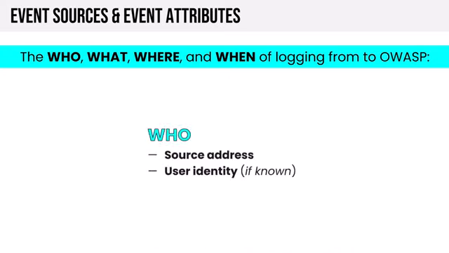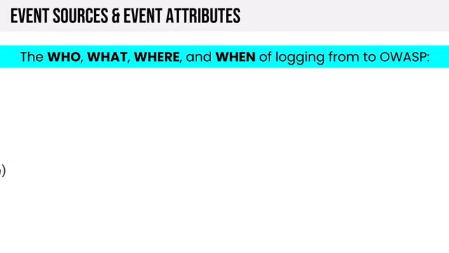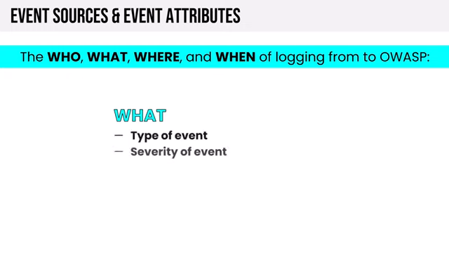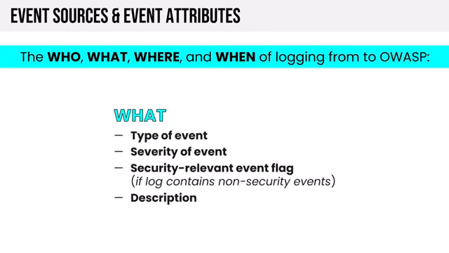So in terms of who, OWASP advises we need source address and user identity if known. The what would include type of event, severity of event, security relevant event flags if the log contains non-security events, as well as a description.